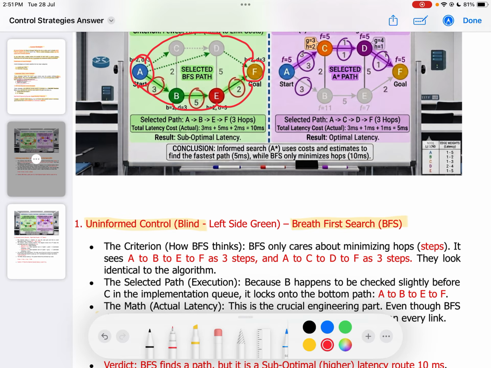It looks at starting point A, and comes to B, E, F. There are three hops, 1, 2, 3: A to B, B to E, E to F. Three steps, so it chooses this path.